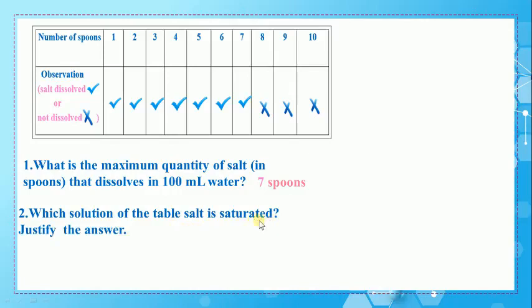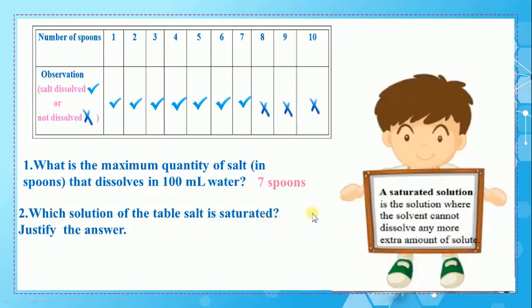What is a saturated solution? A saturated solution is the solution where the solvent cannot dissolve any more extra amount of solute. So it cannot dissolve any more extra amount of solute.